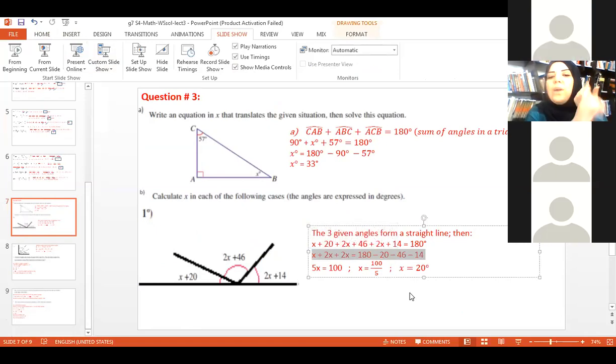What's x plus 2x plus 2x? 5x. Excellent. What's 180 minus 20 minus 46 minus 14? 100. And now we take the coefficient to the denominator. So it's 100 over 5, which is 20. Excellent, Karim.